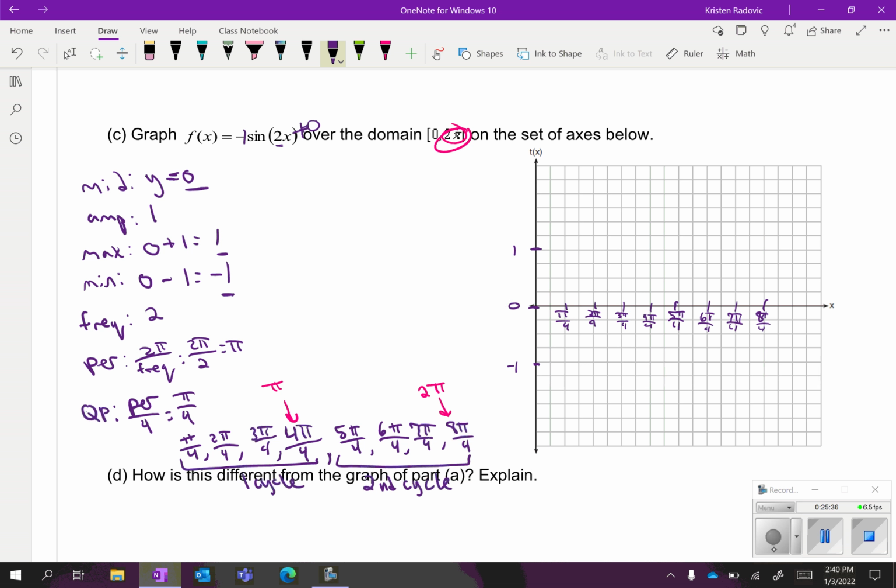I don't care. Just make sure however many boxes you put up for 1 is how many boxes you go down for -1. They need to be equidistant. And our midline has the reference at the x-axis. A little bit easier for this one, kind of hard to see because I did it in purple. Probably would have been easier if I did it in a different color.